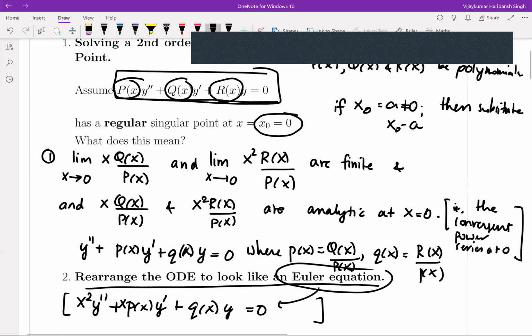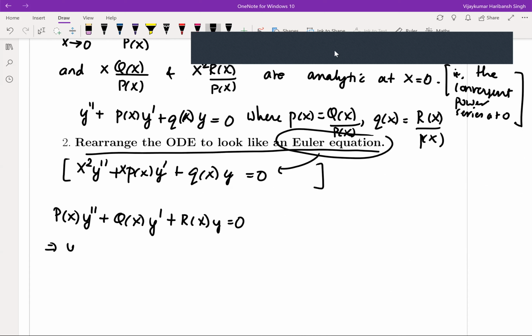So we have P(x) y double prime plus Q(x) y prime plus R(x) y equals 0. Divide throughout by P(x), so we get y double prime plus Q(x) divided by P(x) y prime plus R(x) divided by P(x) y equals 0.